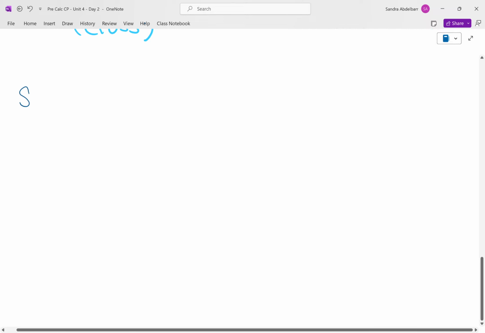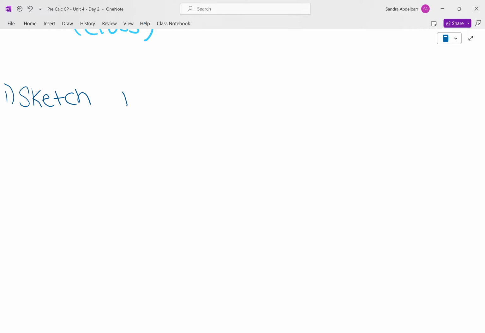Okay, our first example. I want us to sketch P of x equals the quantity x plus 3 squared, times the quantity x minus 1 to the 5th, times the quantity x plus 1 squared.